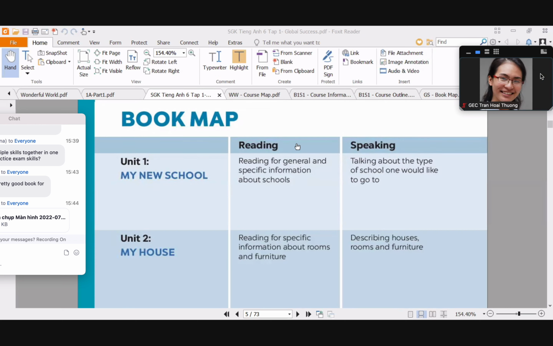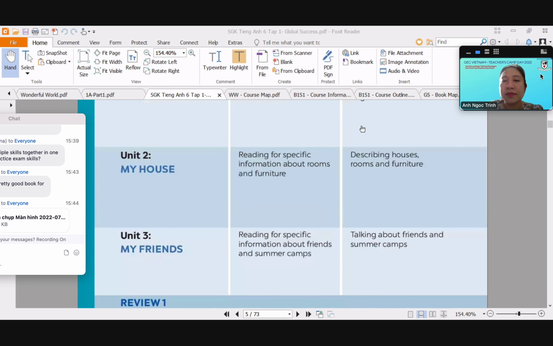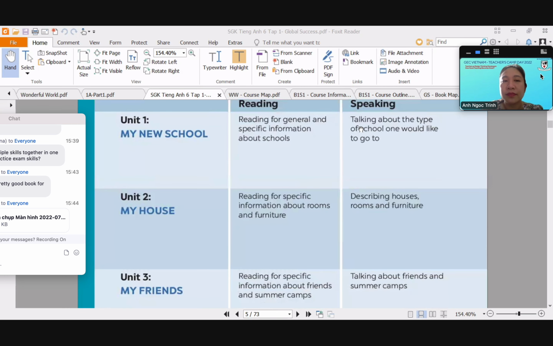Thank you. In this book you see reading, speaking, listening, writing, and language focus. So what do you think about the type of the course, the type of syllabus here?